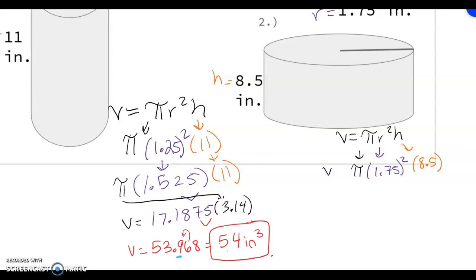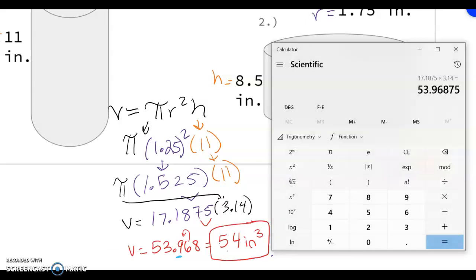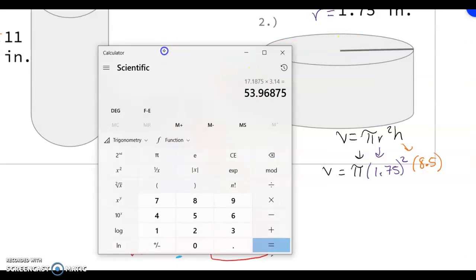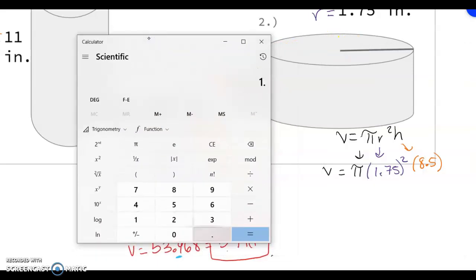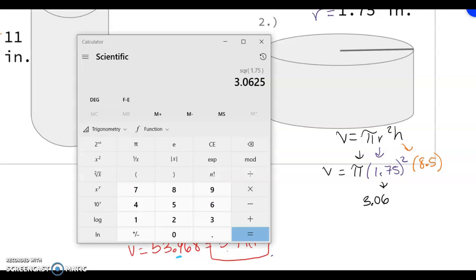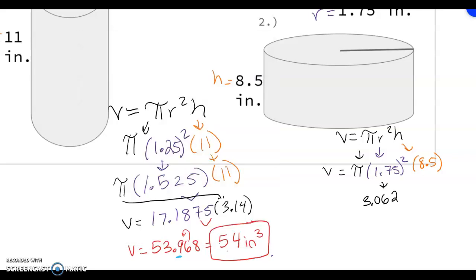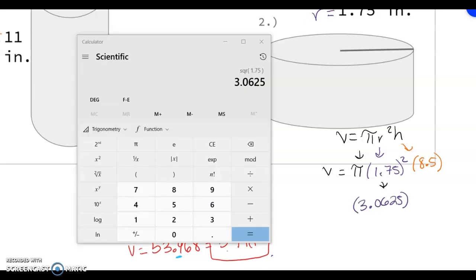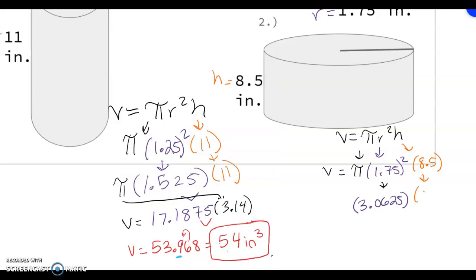I'm going to bring everything else down. And now what we're going to do is take 1.75 and square it. 1.75 squared, so then I have 3.0625. Then I'm going to multiply that by my height, which is 8.5.